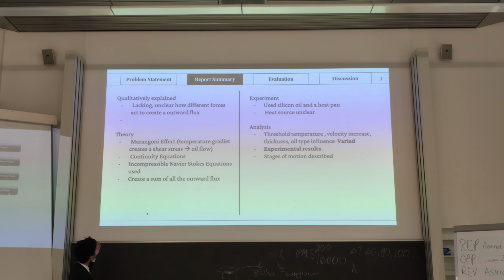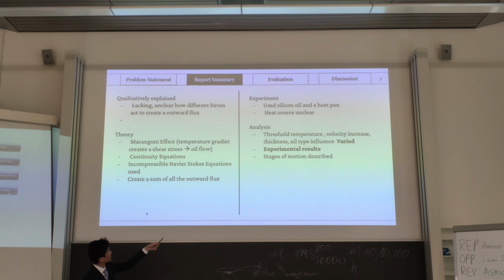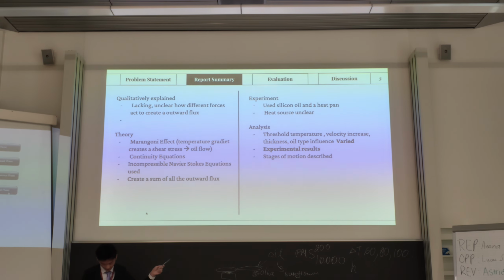And in the theory they analyze the Marangoni effect and how the temperature gradient shear stress drives oil flow, and also the temperature equations, the compressible Navier-Stokes equation, and did outward flux analysis. Furthermore, they did some experiments, and it's not very clear how their heat source plays into everything. And in their analysis, they did not really vary a lot.